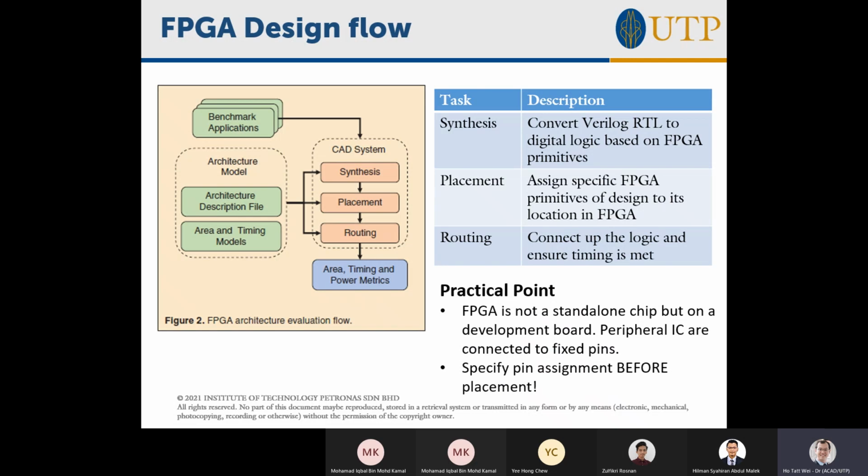You have to force the FPGA to reserve those pins for certain outputs of your design. Okay, and that's called the pin assignment file. So the only thing you need to do besides writing the Verilog RTL is to identify how to assign the pins on your physical FPGA chip, so that the algorithm will know where to place the logic, how to route it and all that, all right?